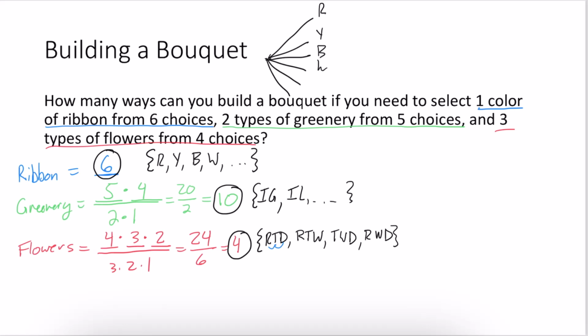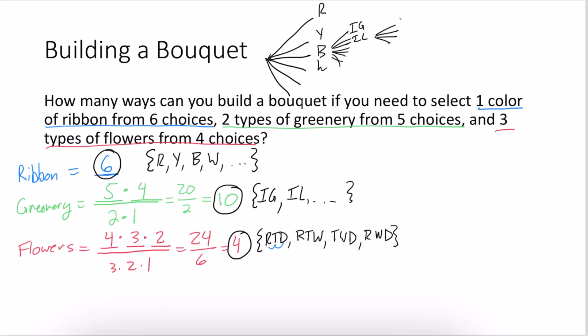And then branching off from the types of ribbon, you have all of the 10 different ways you could choose your greenery. So you could choose ivy and grass, or you could choose ivy and leaves, or whatever other combinations of 2 pairs of greenery that you could have. And then branching off of each of those pairs of greenery, you have 4 sets of 3 flowers.